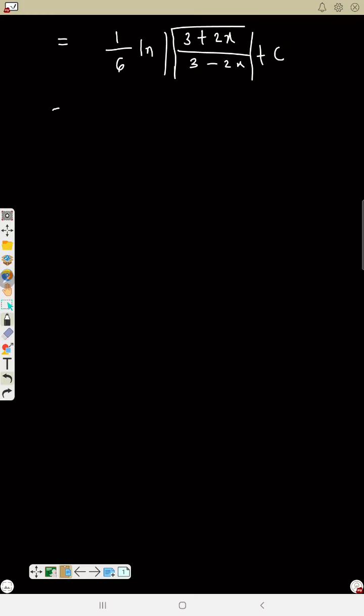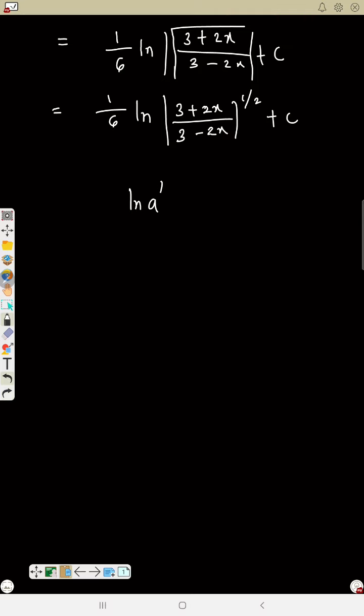So I can have 1 over 6 ln (3 plus 2s divided by 3 minus 2s) raised to power half plus c. Why power half? That square root can become power half. Now in logarithm, if I have ln a raised to power b, this is the same thing as b ln a. This b can go to the back.